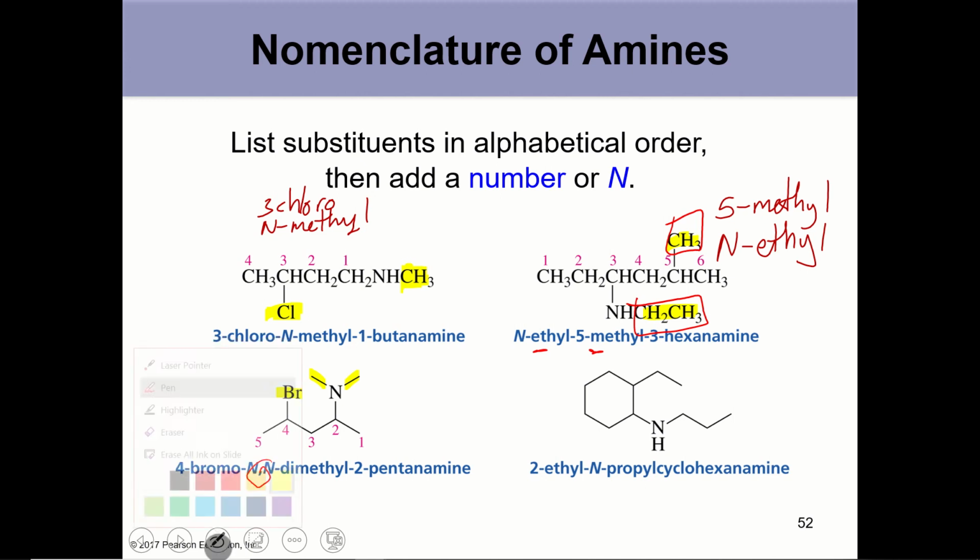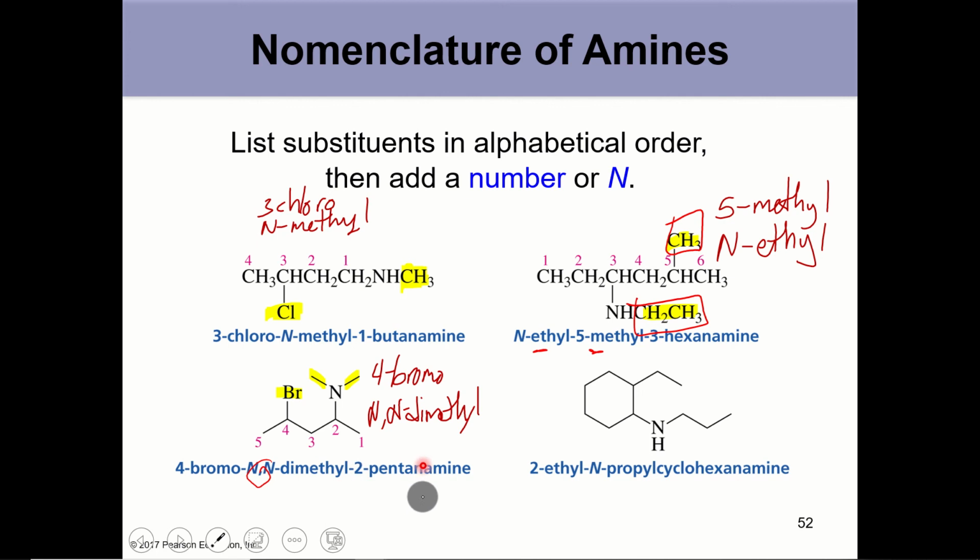The bromo is at carbon 4, so we have 4-bromo. The methyl groups are both on nitrogen, so we have N-dimethyl. And B is before M alphabetically, so our name is 4-bromo N-dimethyl 2-pentanamine.